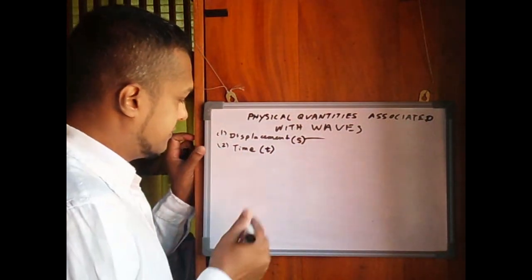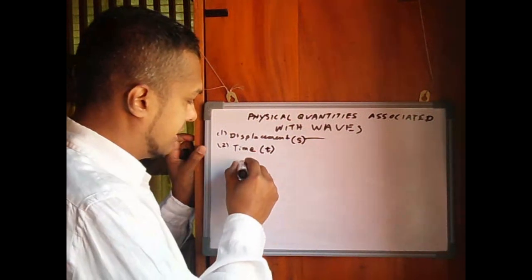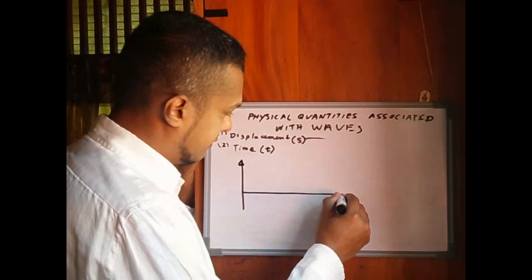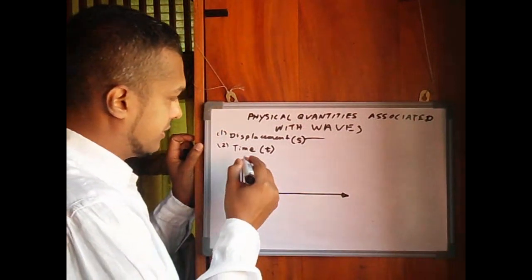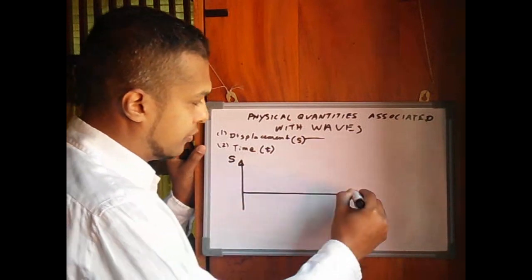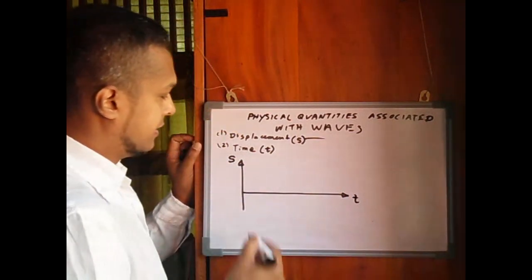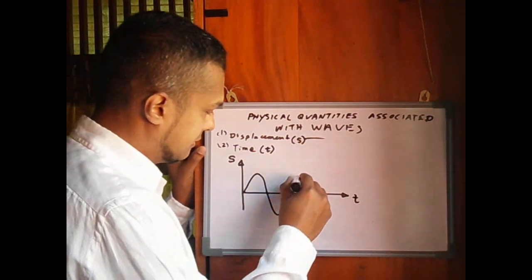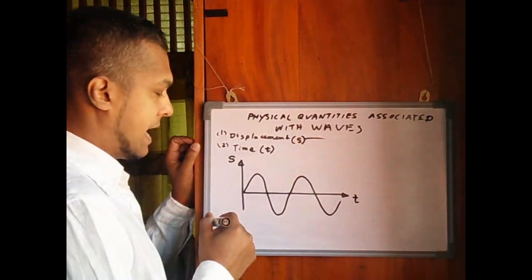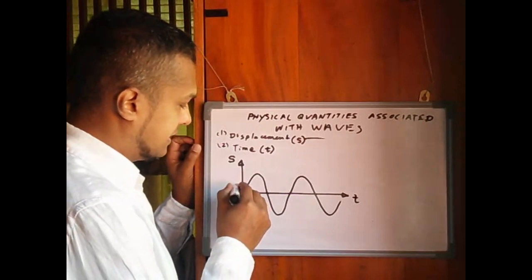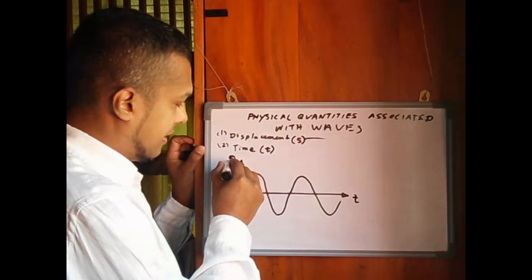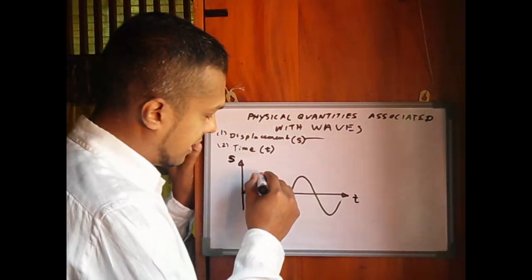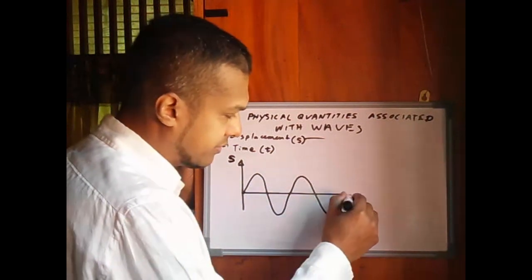So now let us draw a wave with displacement over time. If we draw just a generic wave like this, we have to analyze how the wave behaves over a period of time.